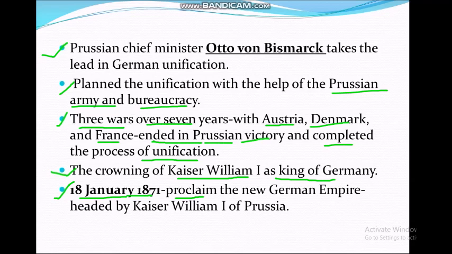These people proclaimed the new German Empire, to be headed by Kaiser William I, who was the king of Prussia. In this way, the unification of Germany took place.